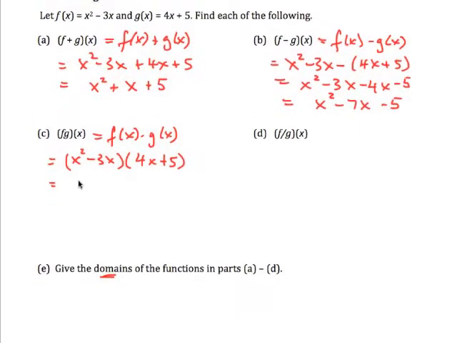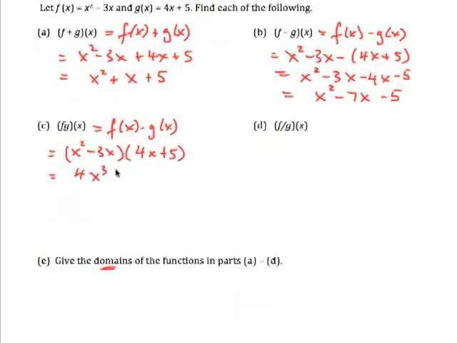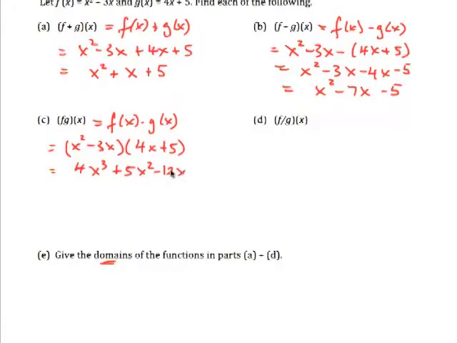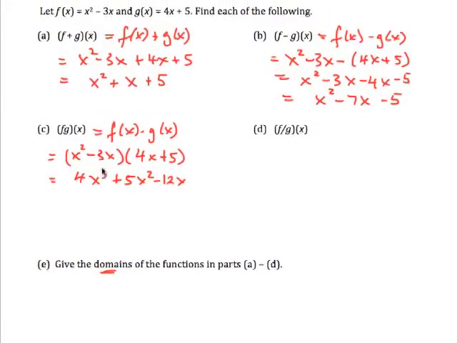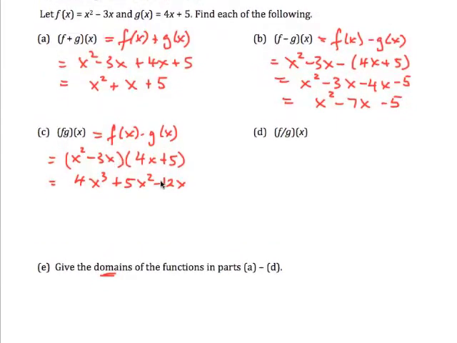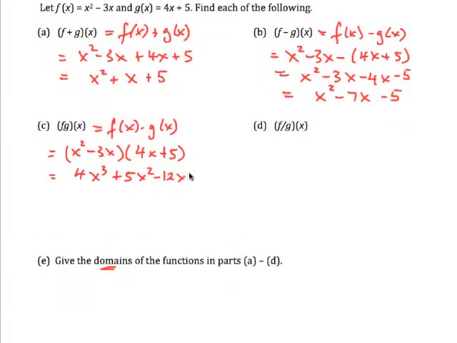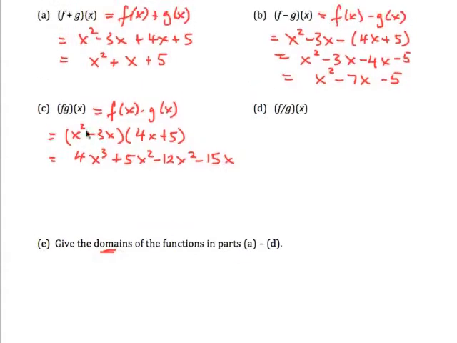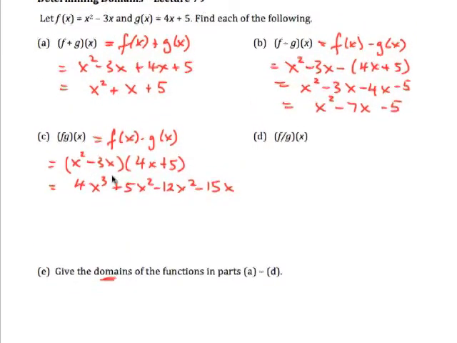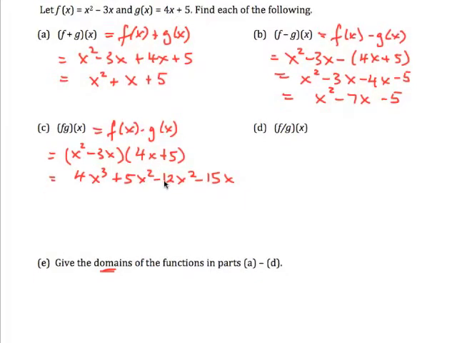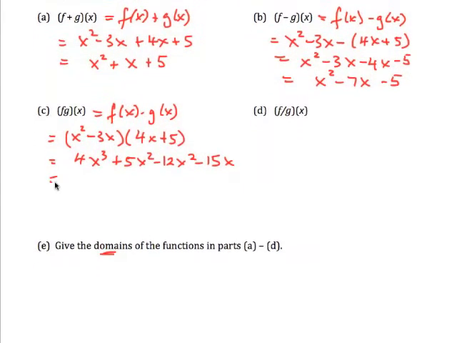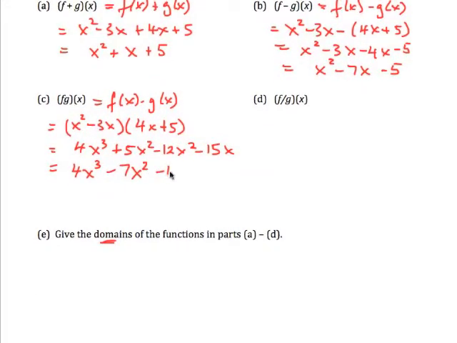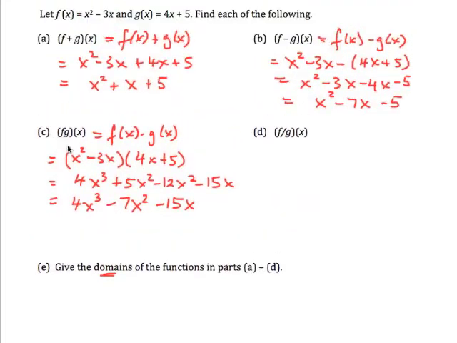Of course, we'll end up with 4x cubed plus 5x squared minus 12x squared, and minus 15x. So this becomes 4x cubed minus 7x squared minus 15x. So that's the product of the two functions.